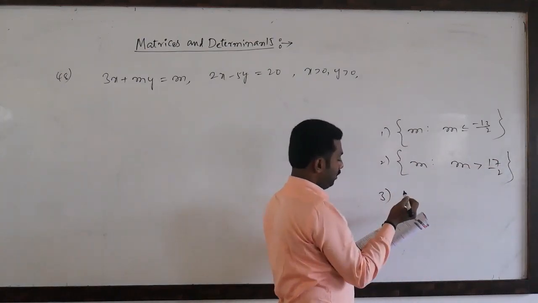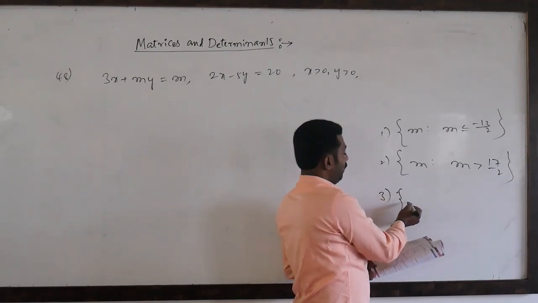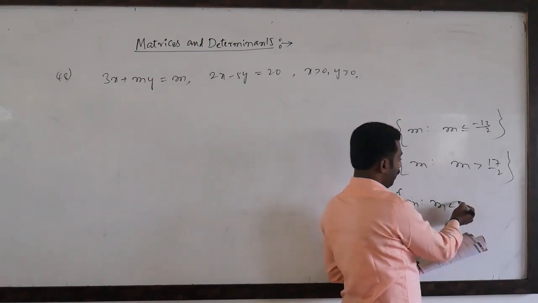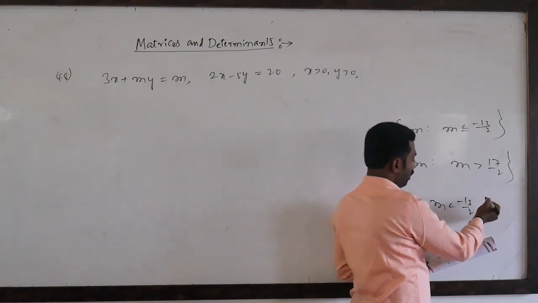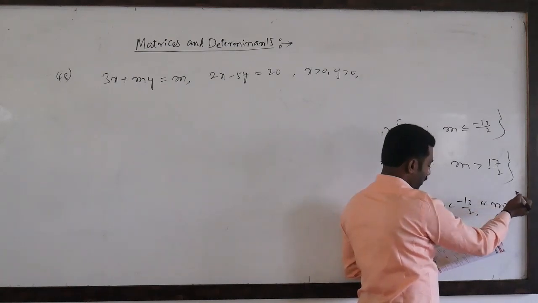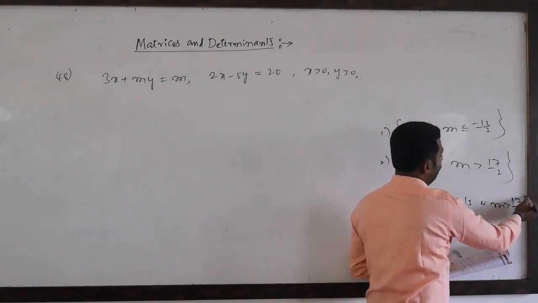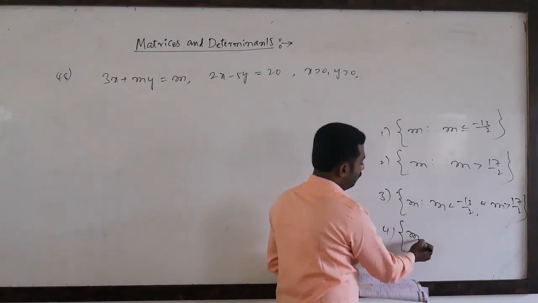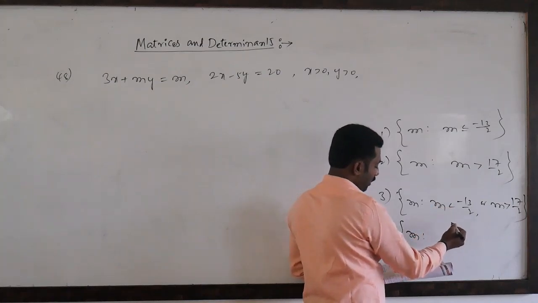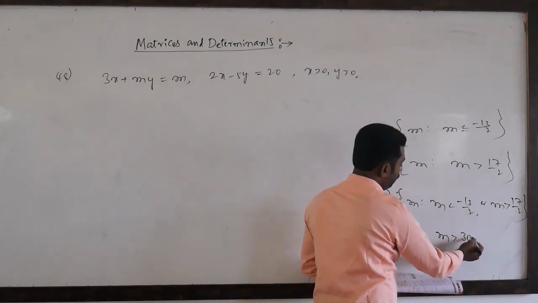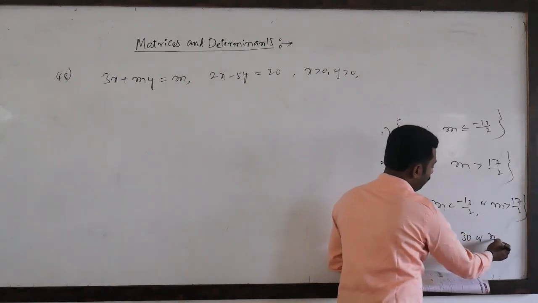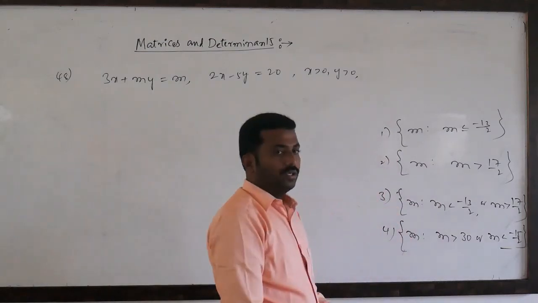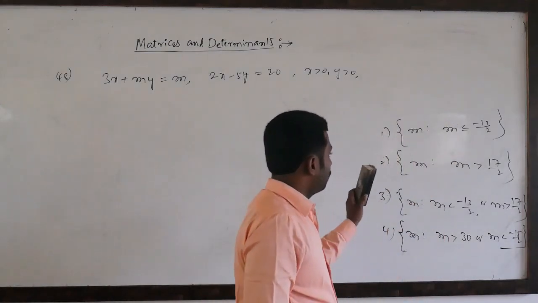Third option: m such that m is less than -13/2 or m is greater than 17/2. Fourth option: m such that m is greater than 30 or m is less than -15/2. So options like that they are asking questions.